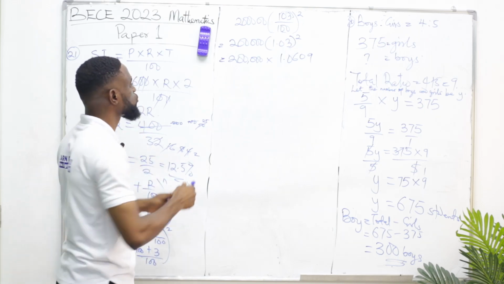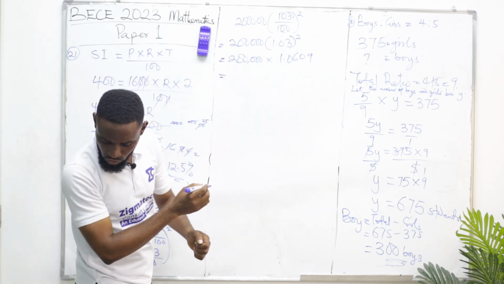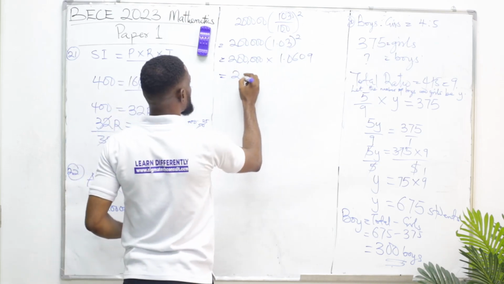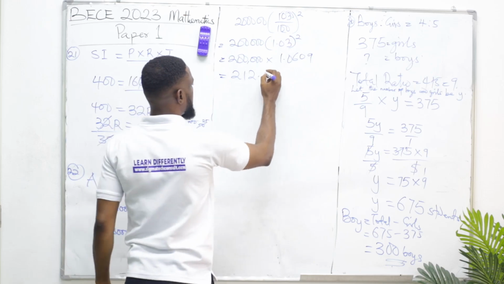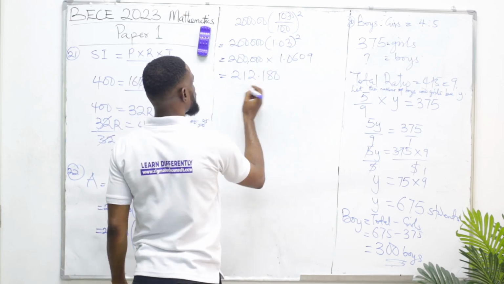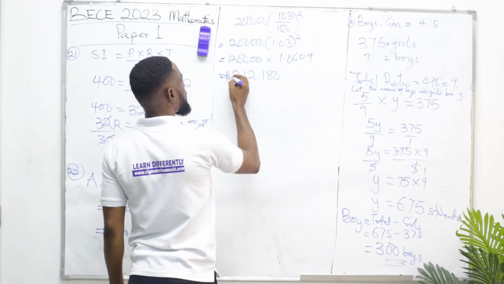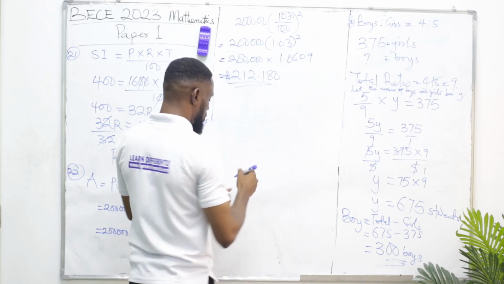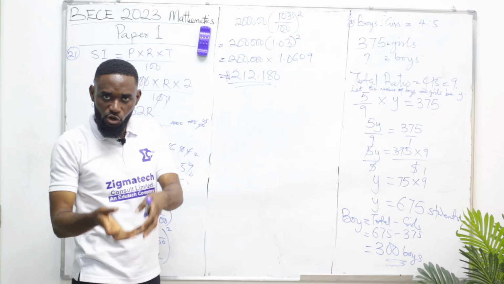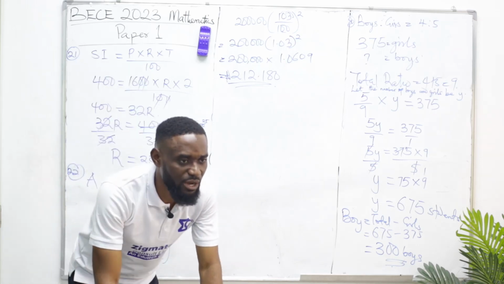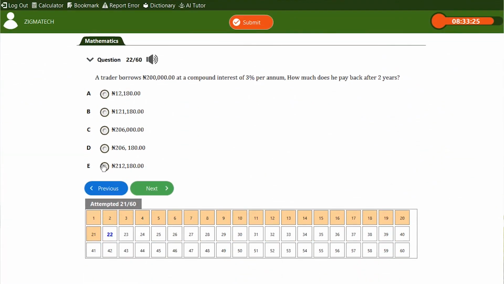So it will give us 212,180. So that will be the compound interest that this young man will have to pay after 2 years. And we have our correct option as option E.